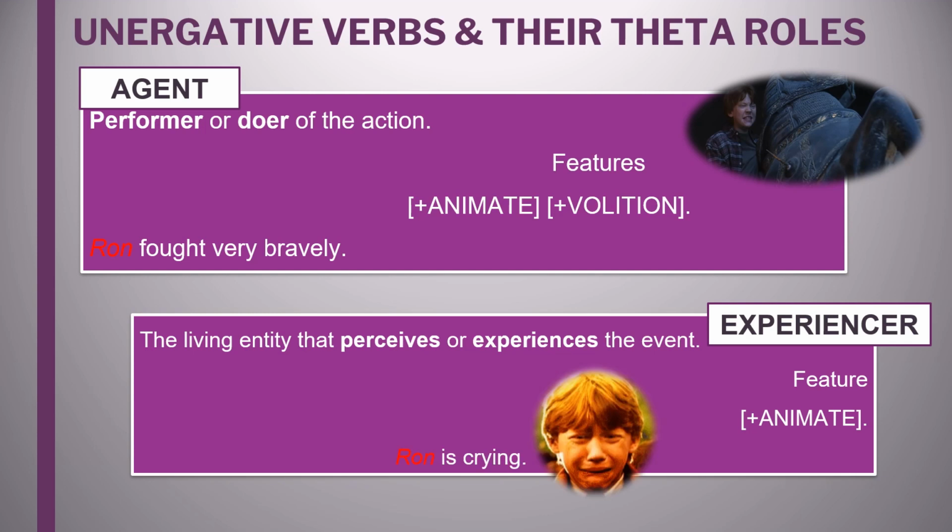For example, Ron is crying. In this case, the DP Ron is the animate entity that perceives the event of crying. Bear in mind that experiencers are minus volition, that is, they are not willing to perform the event, they just experience it. In the next slide, we will discuss intransitive unaccusative verbs and their subclassification.